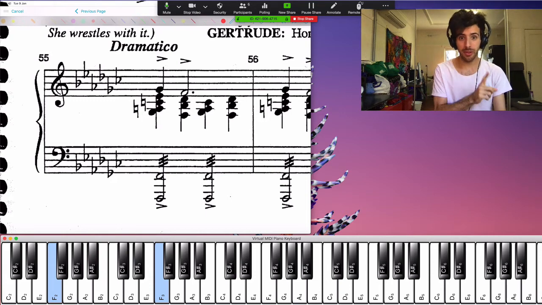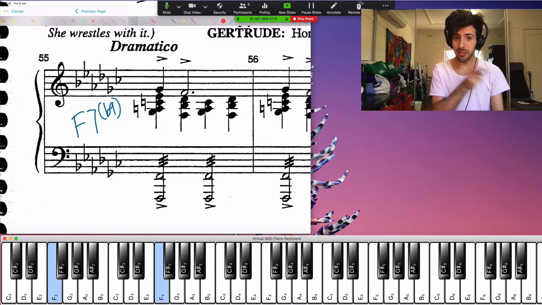If I can find a third, that will tell me instantly whether it's a minor or a major chord. So relative to F, what is my third? What is my major third? A, and what's my minor third? A flat. So I look at this piece of music and I'm going to look at my third first, because that will tell me everything.